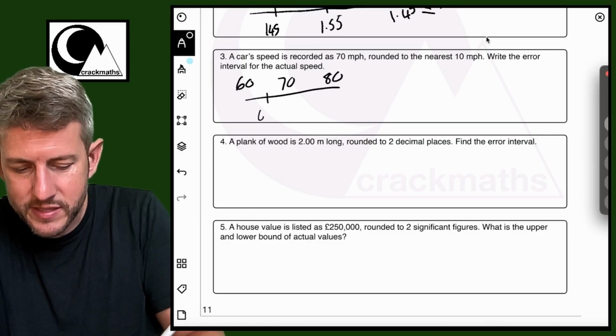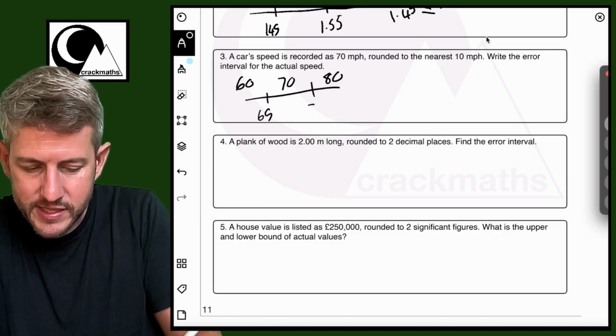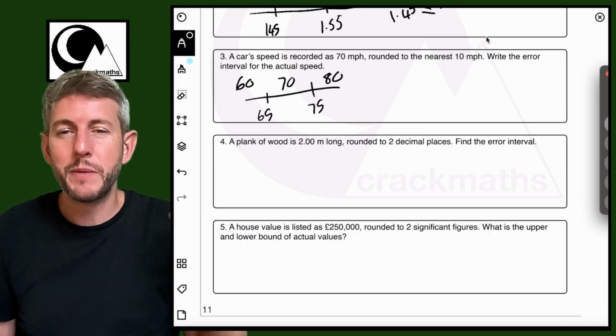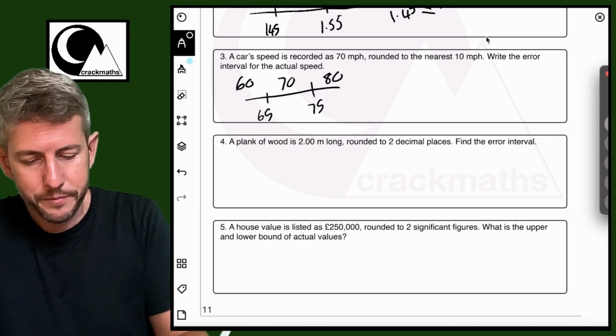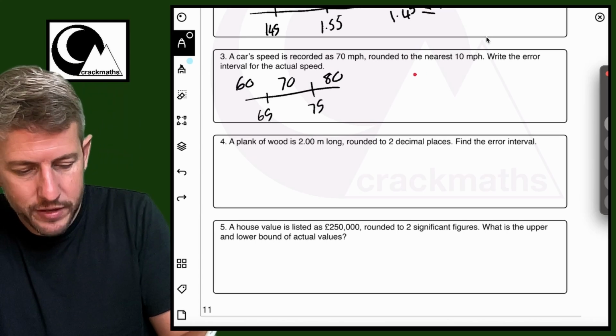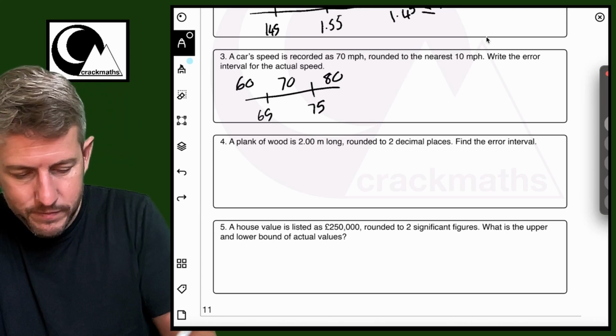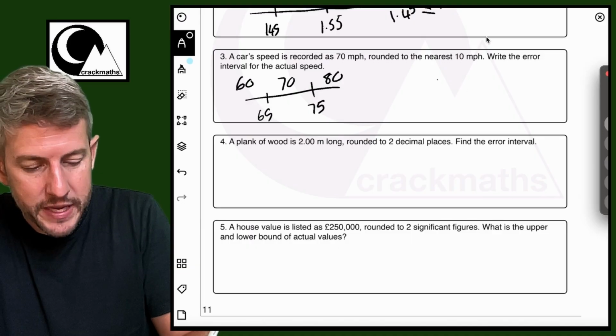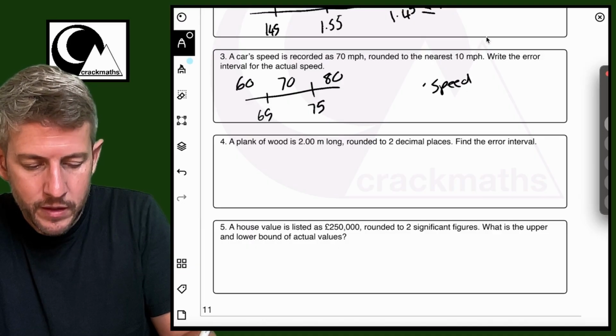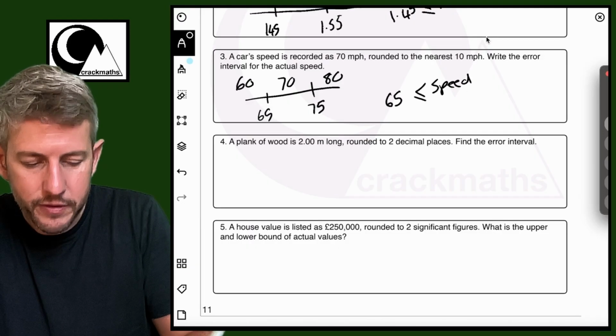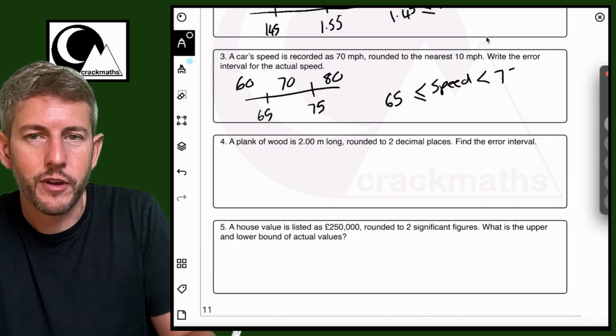Midpoints here are 65 and 75, so everything within those midpoints is what rounds to 70. So here we go, we're going to have the speed in the middle, greater than or equal to 65, less than 75.